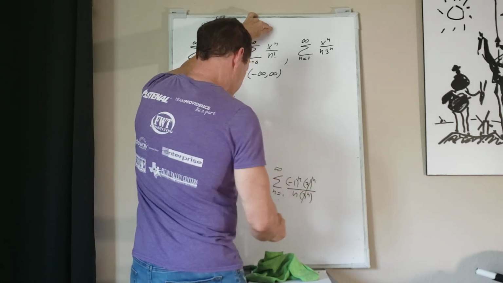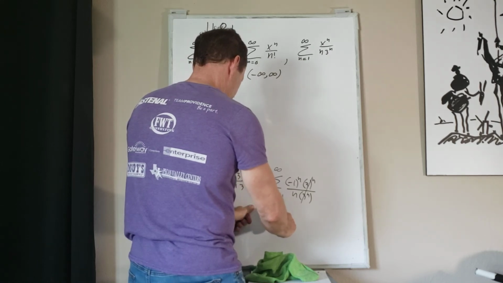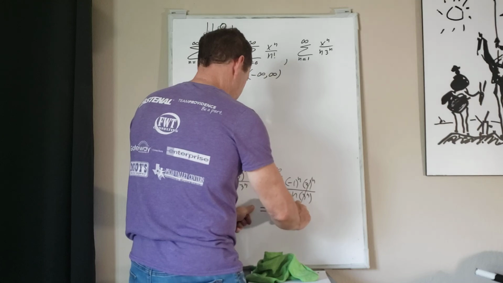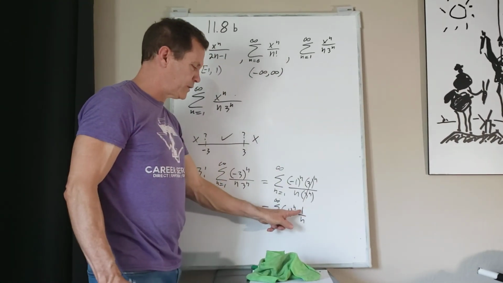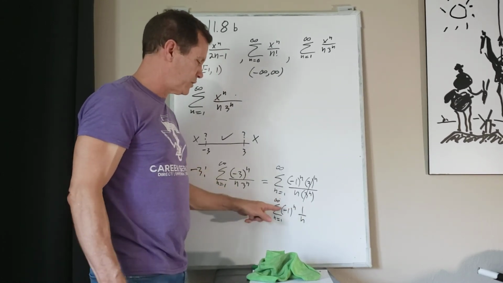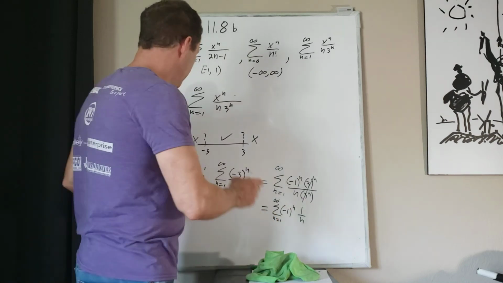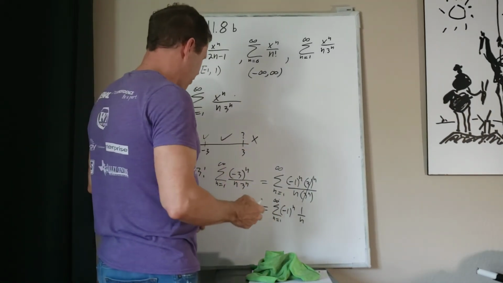These guys cancel. And so this equals the summation n equals 1 to infinity of minus 1 to the n times 1 over n. That's alternating. These guys decrease to 0. So this is a convergent series by the alternating series test. So I know that this guy works. That guy's good.